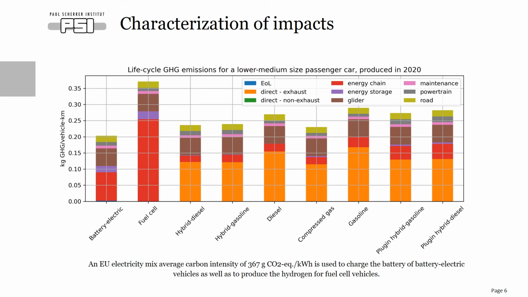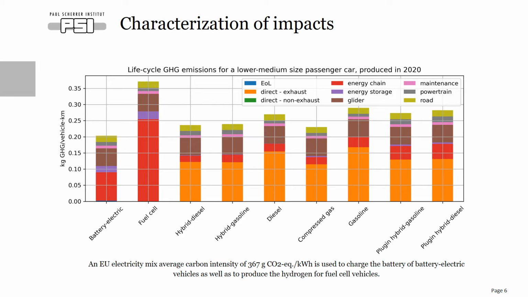If we compare results for conventional and alternative powertrains for passenger cars, and in regard to greenhouse gas emissions, then results would typically look like this. The two bars on the left are electric powertrains, so battery electric and fuel cell vehicles, and the remaining bars from there to the right are conventional powertrains, with the exception maybe of plug-in hybrid vehicles.